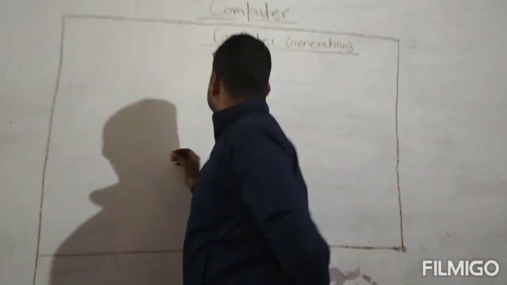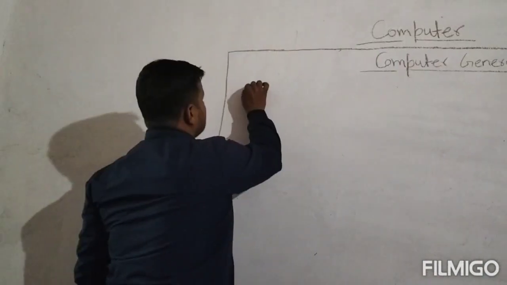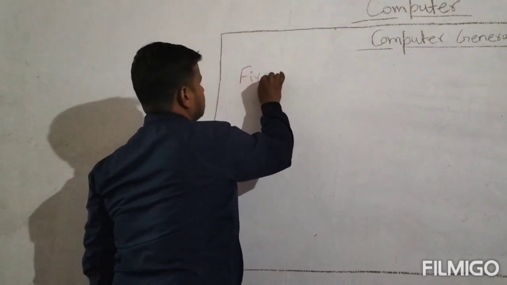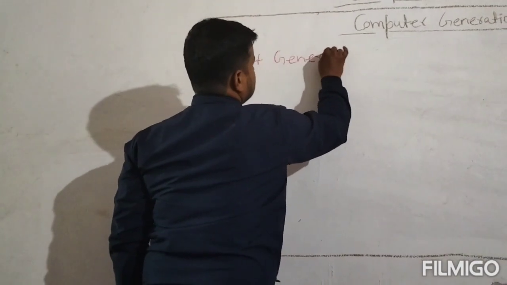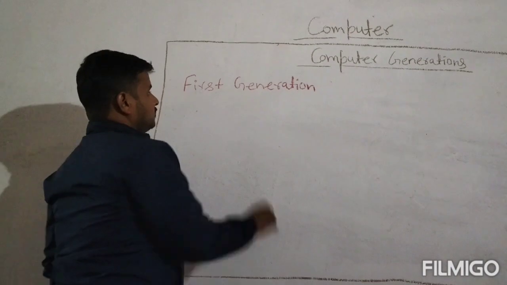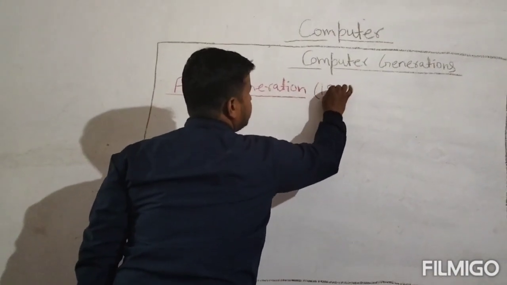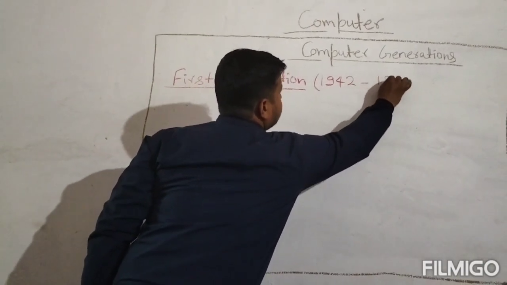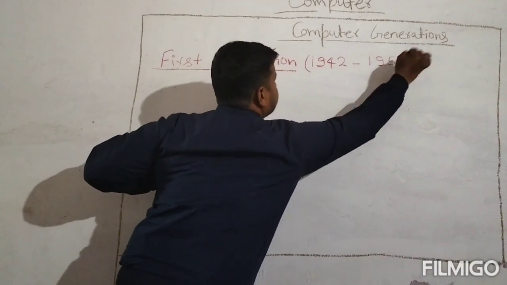The first generation. The first generation's period is from 1942 to 1959.